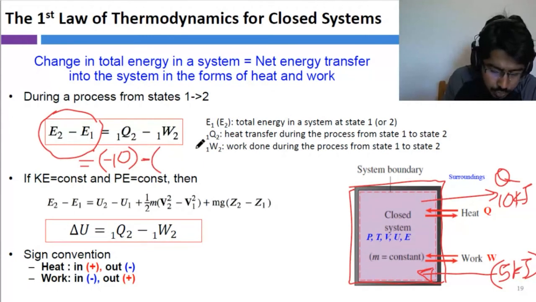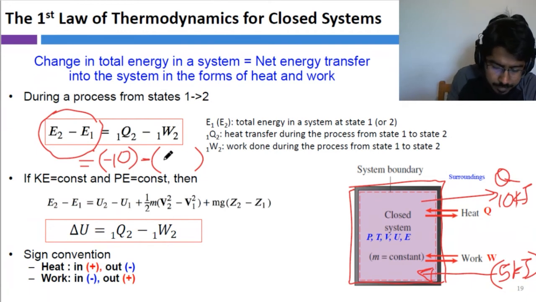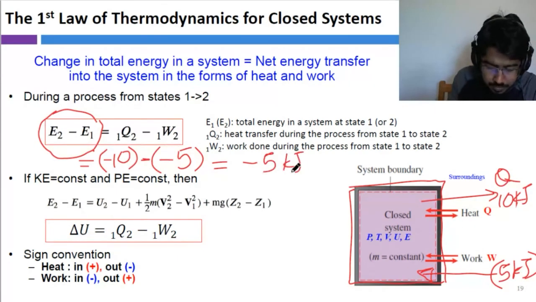Now for our work, it's done on the system. So should it be negative 5 or 45? It is negative 5, right? Done on the system. Now, what is the answer? Minus 5 kilojoules.